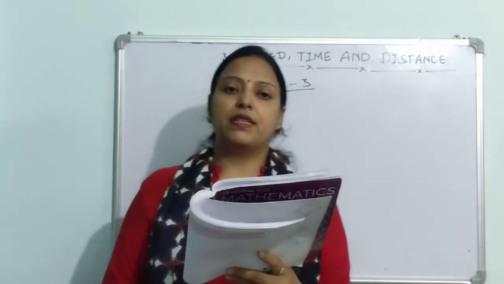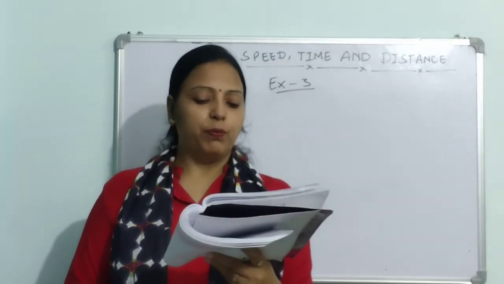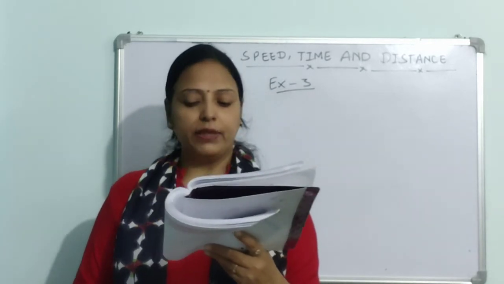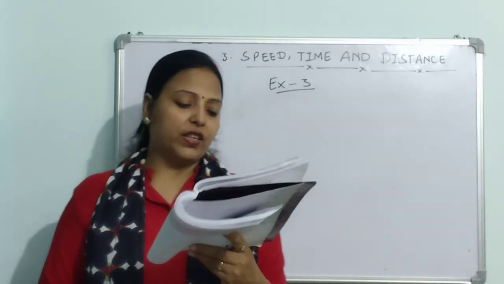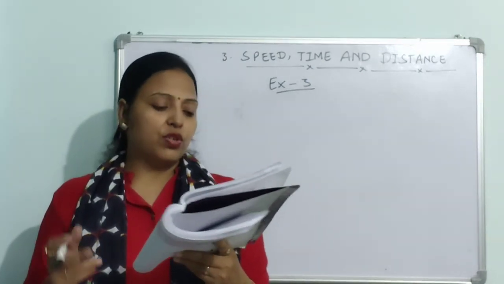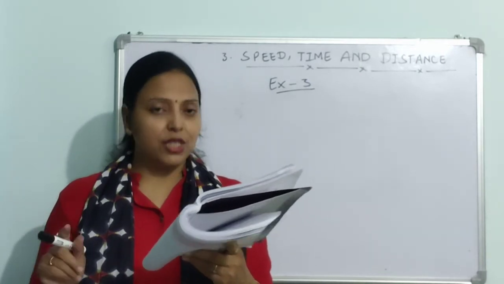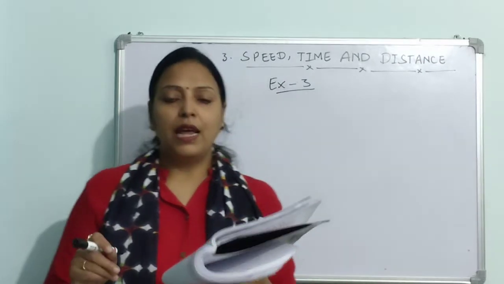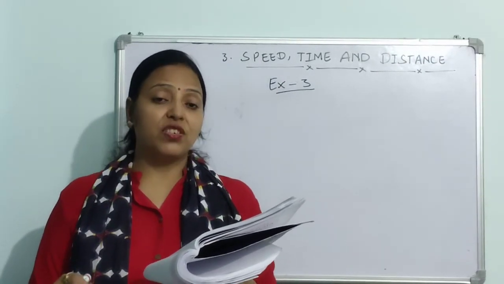Now question number 6. A train takes 3 hours to reach station B from station A, which is 144 km away. How long will it take to cover 240 km? So in this question, 2 parts. In first part, from the details which are given, you will find the speed. And using that speed, you will find in the next part how much time is taken.